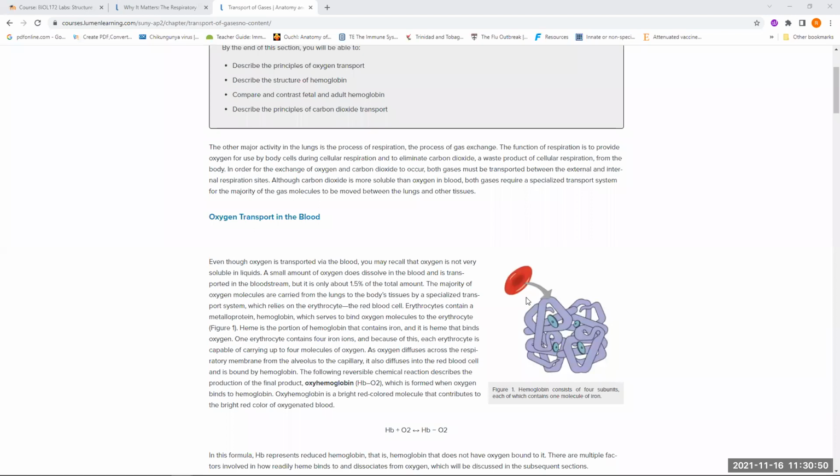One of the things which is really important to appreciate in the body is always the relationship between structure and function. What would happen if you change the structure is you would change the functionality, or what it does. Red blood cells, what do they do? Well, they transport oxygen in the blood. So what would happen, do you think, if you change the structure of a red blood cell? What do you think will happen to its function then?